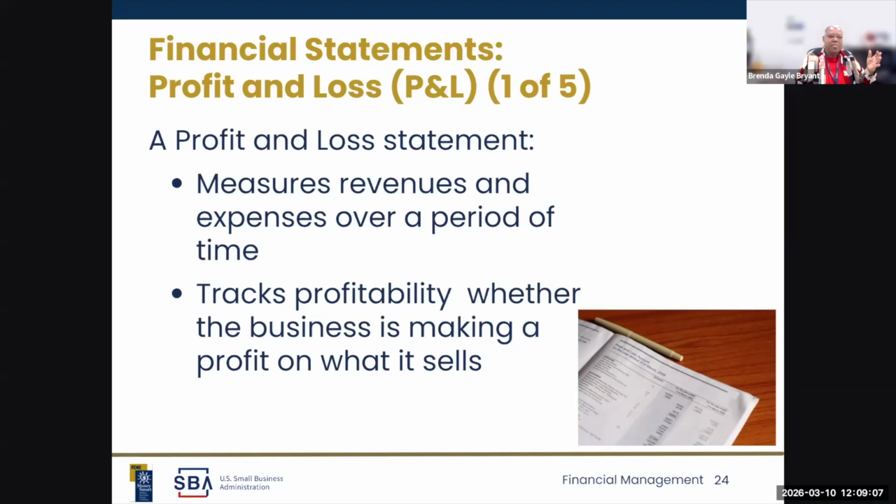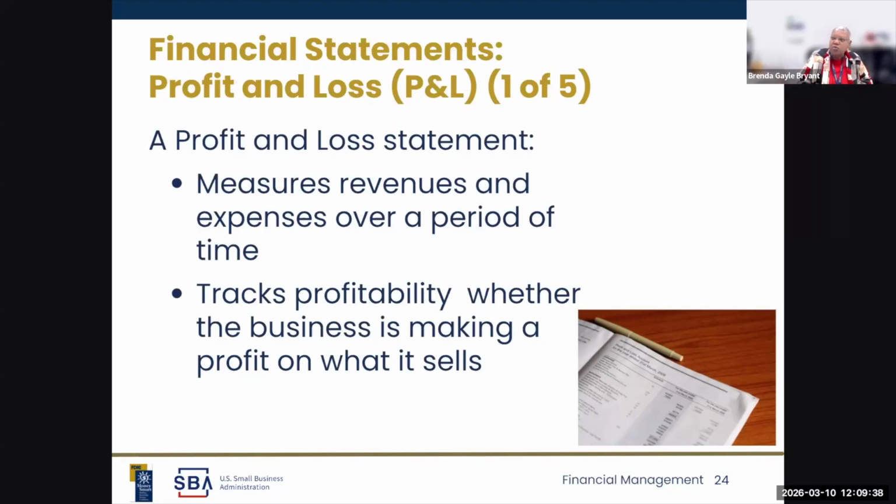If I say I would like to see your profit and loss statement from last year, it's going to give me a picture from January 1st, 2025 through December 31st, 2025. So it's going to capture all of that. It's not capturing a point in time, it's capturing the movement of your business. So it's going to measure your revenue and expenses over that time period.